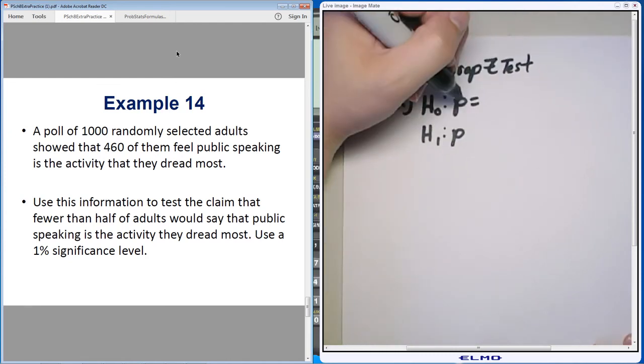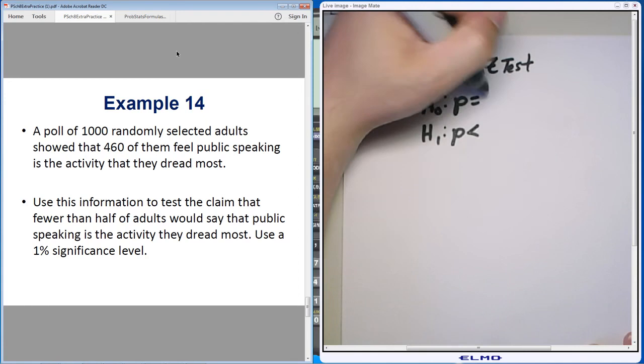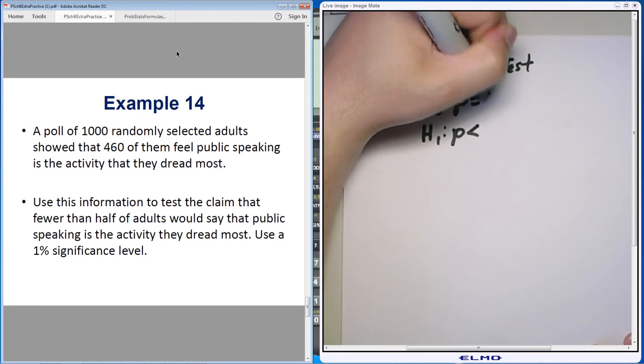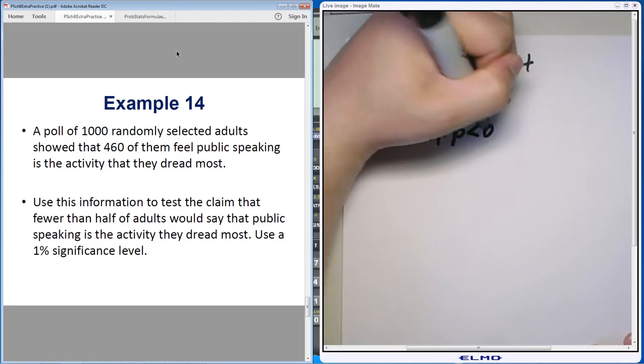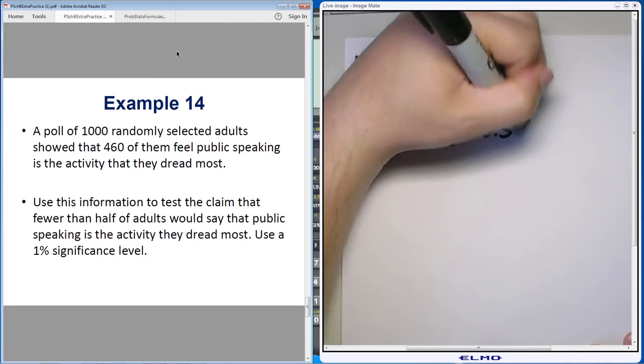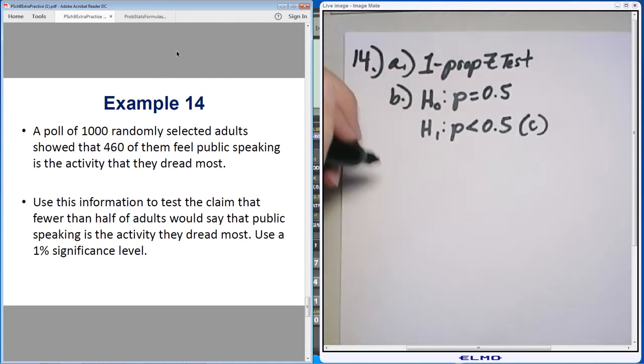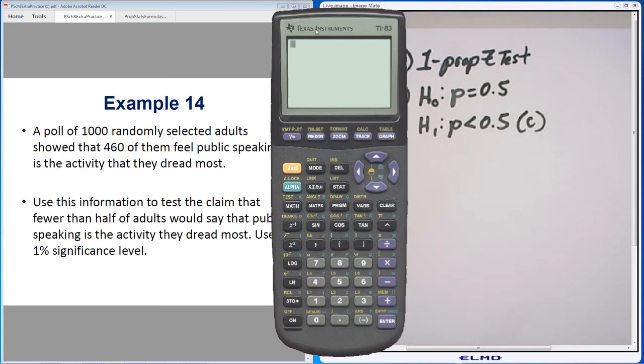We're talking about less than half. Test the claim that fewer than half. Half is going to be 0.5. And the claim is H sub 1. X is the 460 people. N is 1,000.